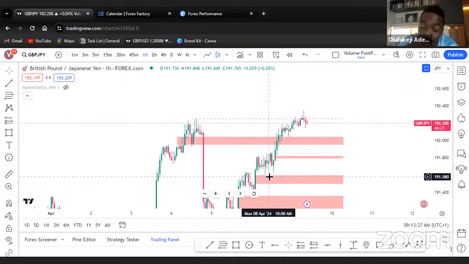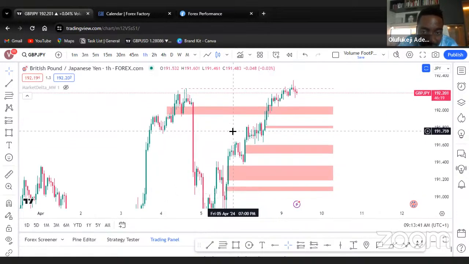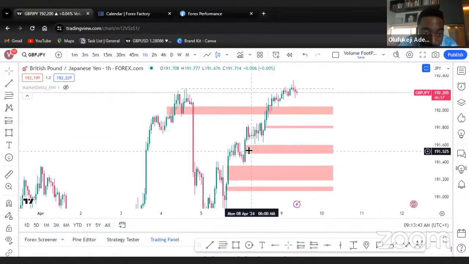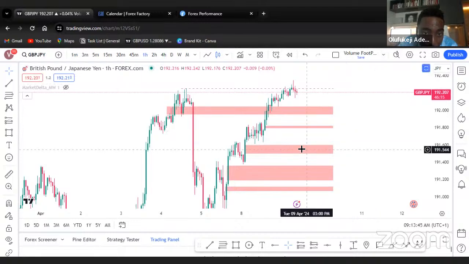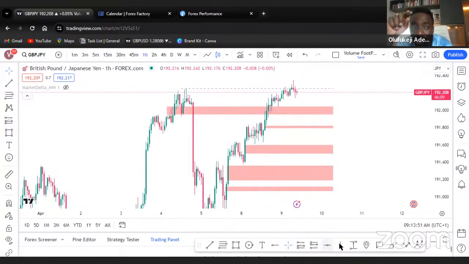So please put the markup for me. I expect price to get to 191.80, tap into that fair value gap and move up, because the box pattern failed.